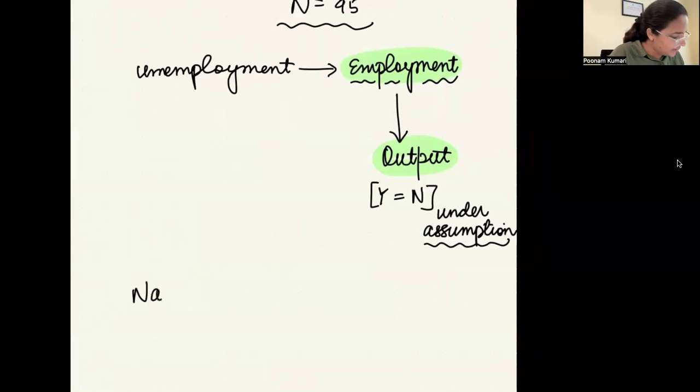Yes, ma'am. है ना? So natural level of output. What is natural level of output?